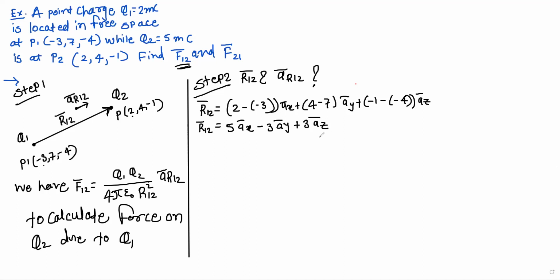Now you can calculate the unit vector of this. If this is a vector, how can you calculate the unit vector? Unit vector A bar R12 is equal to vector upon magnitude.